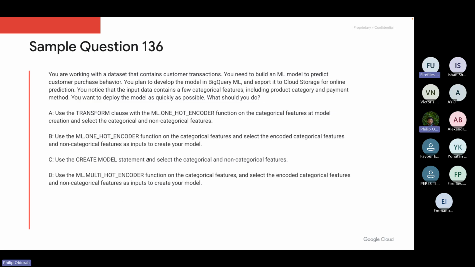So the correct approach is to use the transform clause inside the CREATE MODEL statement. Inside this clause, we call the ML.ONE_HOT_ENCODER function on the categorical features at model creation. We still use the CREATE MODEL statement, but inside it we use the transform clause.